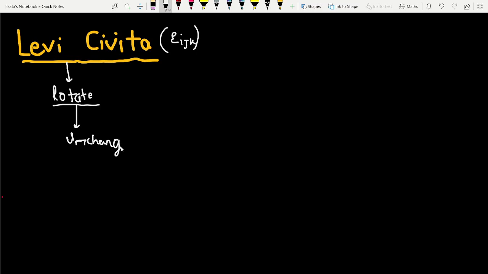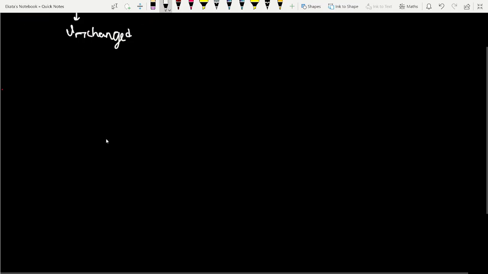The symbol of the Levi-Civita is epsilon naught, where ijk represents its indices, like 1, 2, or 3. It is also a rank 3 tensor. Maybe we'll discuss all this in later videos, but now our focus is to prove that the Levi-Civita remains unchanged when we rotate it. So now let's move towards the proof.